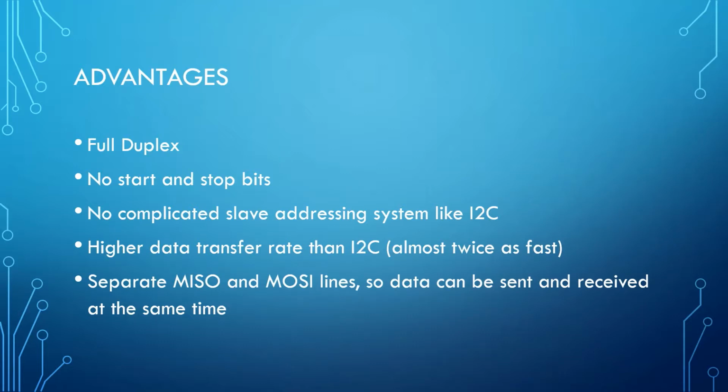Here there is one separate slave select line through which we can select the slave, and our data will be transferred without any disturbance. So it has a higher data transfer rate than I2C, almost twice as fast. In my practical case I got a transfer rate of 10 Mbps with SPI. There are separate MISO and MOSI lines, so data can be sent and received at the same time, as we discussed.